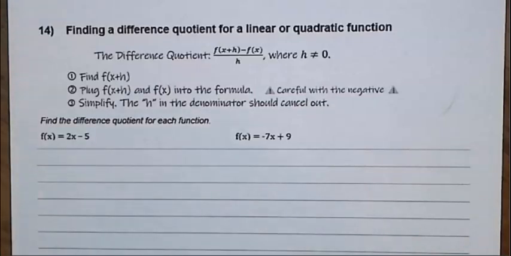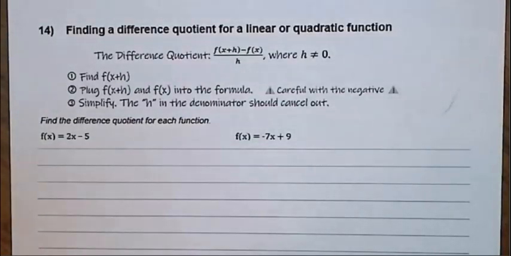So notice that we have two parts of our function up there, f of x plus h minus f of x all over h. And we've specified that h can't be 0, which makes sense because it's in the denominator. If the denominator is 0, we can't divide by 0.